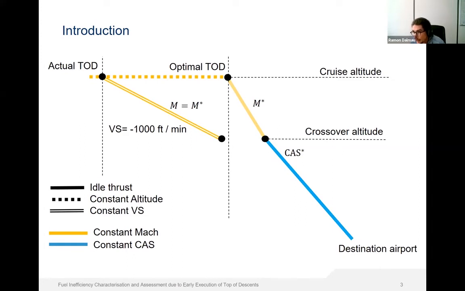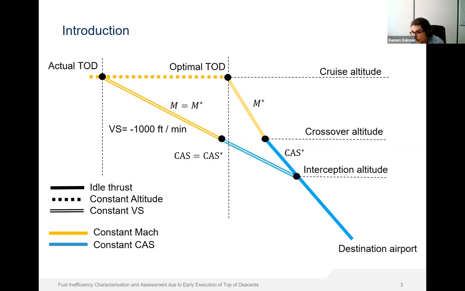Early descents are executed with a vertical speed of 1,000 feet per minute. It's important to keep this number in mind during the remainder of this presentation. At the same time, the original speed profile is followed by using throttle control.